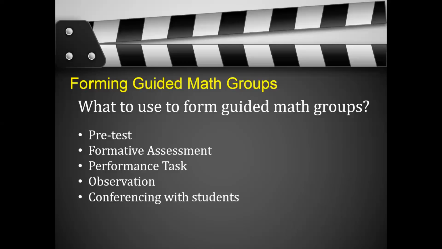Anytime that you can confer with students, that's always important with forming guided math groups. So taking that into account is very important. And the last thing, if you have access to any type of diagnostic task. So these are just a plethora of things that you can use. You can use one, you can use all, however it works, but remember that a paper pencil test isn't the only thing that you have to use to form a guided math group.